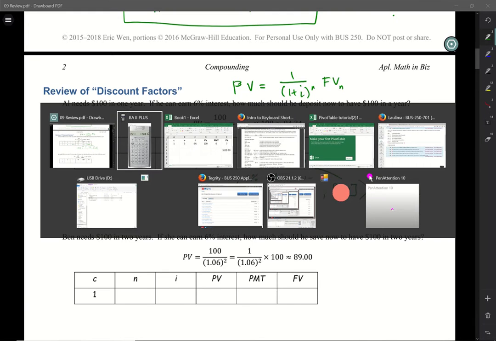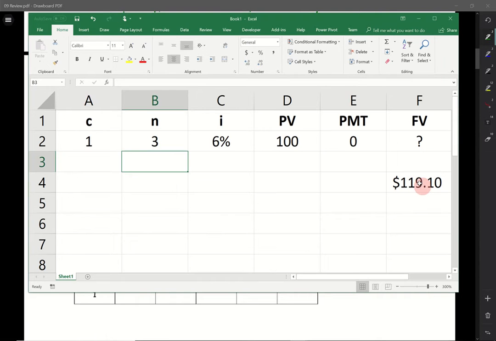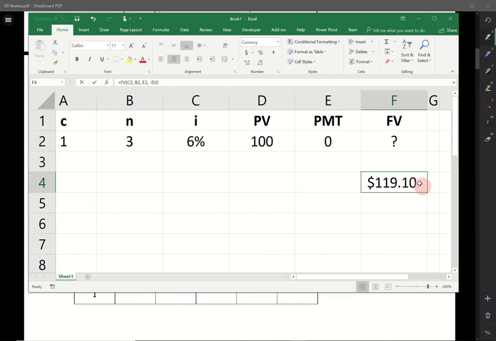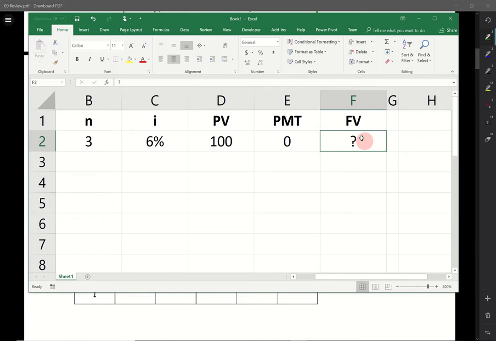So to save some typing, right, let me just clear that formula. And now we'll put 100 over there, and then now the present value is what we want to calculate.